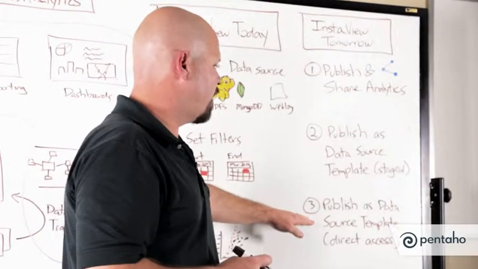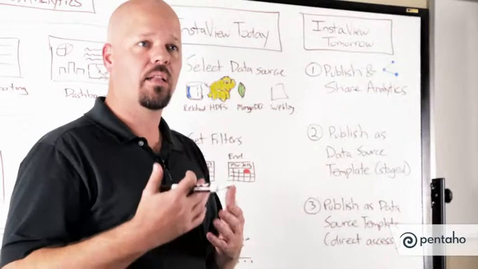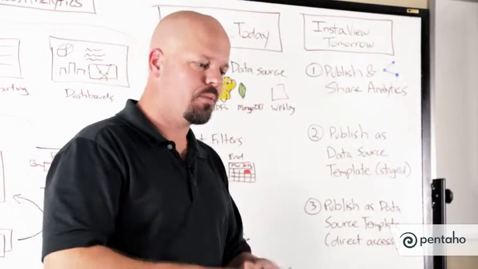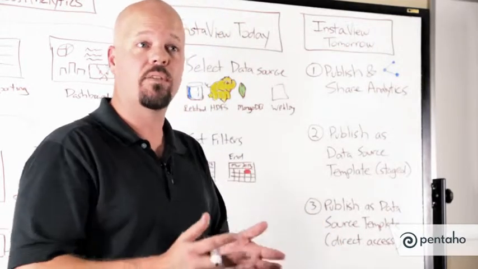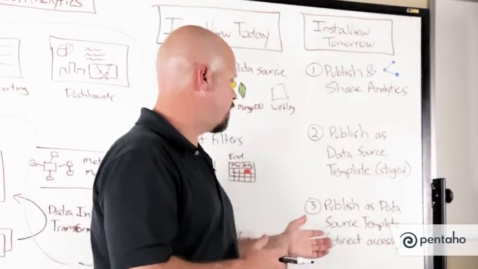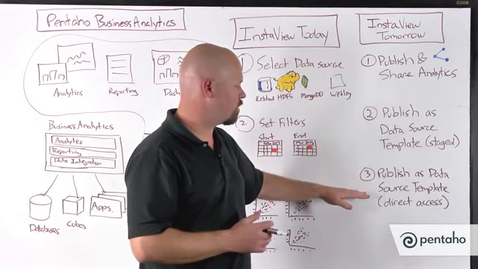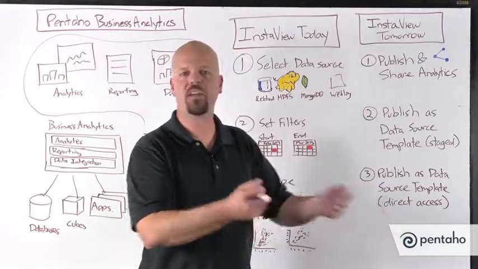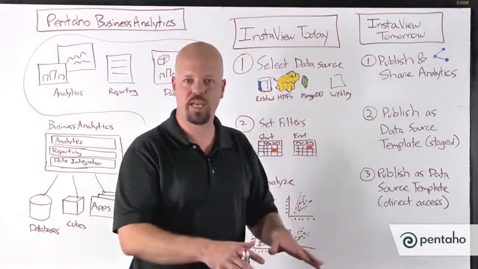The final phase, as we see the big data space mature in projects like Cloudera's Impala, where they're beginning to focus more on the performance aspects so that these platforms can be used directly for more analytic use cases, is this: we're going to take the same Instaview paradigm and publish those data source templates where, instead of staging the extract of data, we can map it directly onto the native sources as they are.